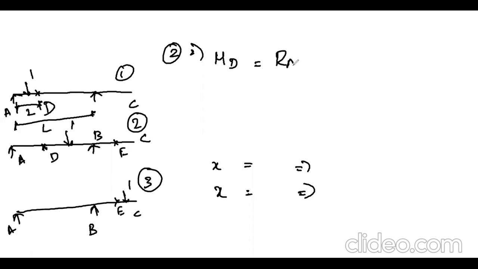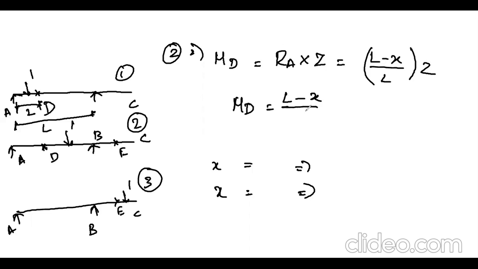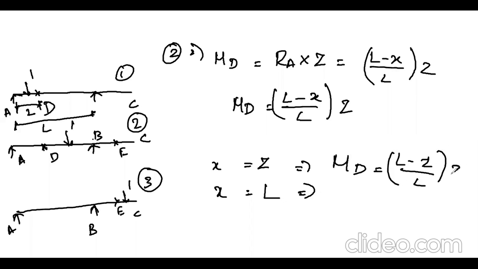So I am taking RA into its corresponding distance Z. You know the value of RA as L minus X by L, so into Z. So the value of MD will be L minus X by L into Z. Here the load is varying from the point Z to L. So the value of moment will be equal to L minus Z by L into Z, and when it is at the point L, the value will be 0.